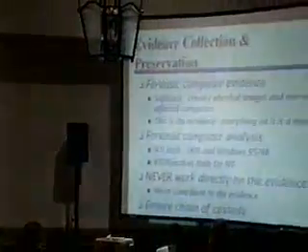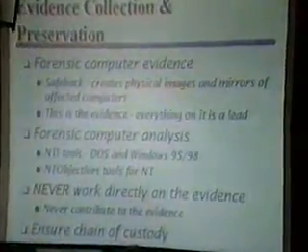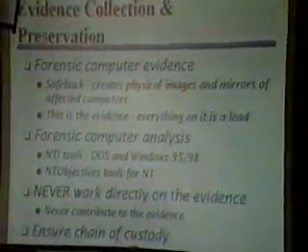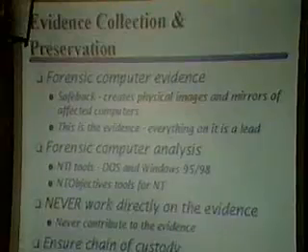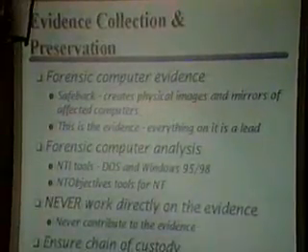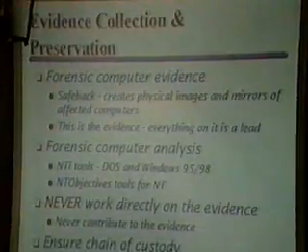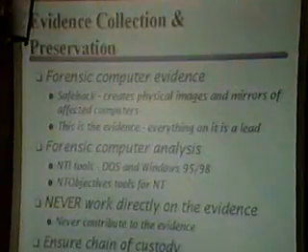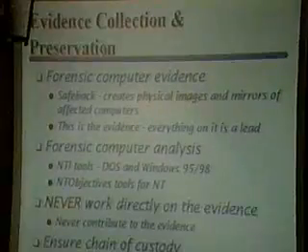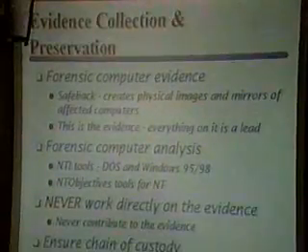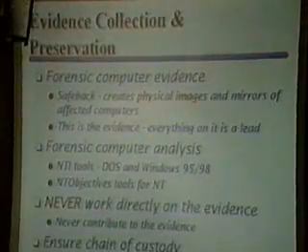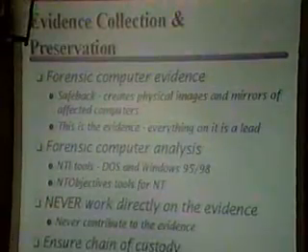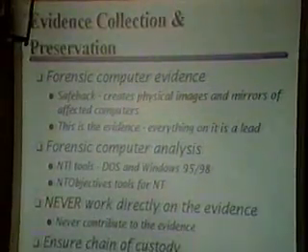Okay. Evidence collection and preservation. Forensic computer evidence, we create physical images using a product called SafeBack. There are others. I happen to like SafeBack. It makes a physical image. That is the evidence. Everything else that you do with that is a lead. So protect the evidence, the entire physical backup. Never work on the image. Make a second copy. Forensic computer analysis, I use stuff from NTI, New Technologies Incorporated, but there are others.